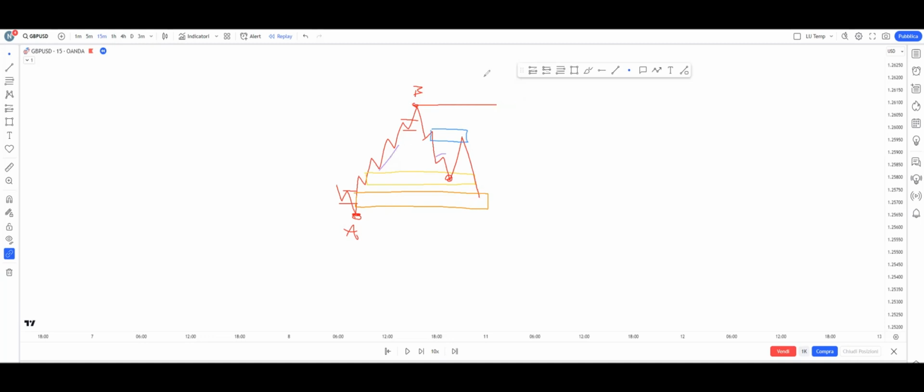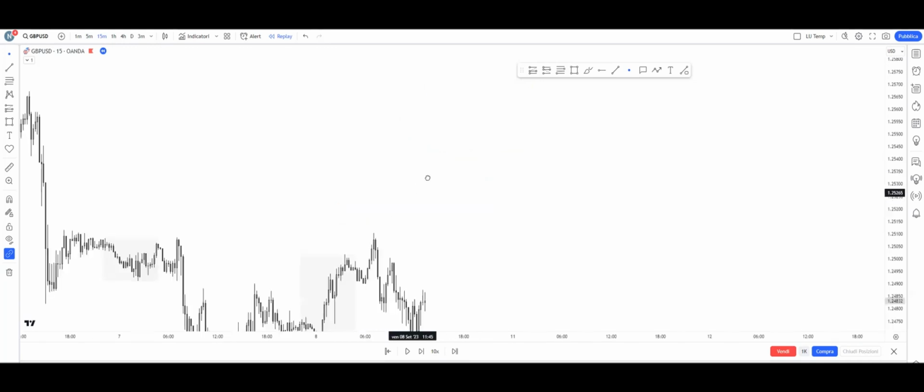Even if we have, for example, equal highs right there, we can also catch a pullback. It all comes with a simple logic, talking about my approach.